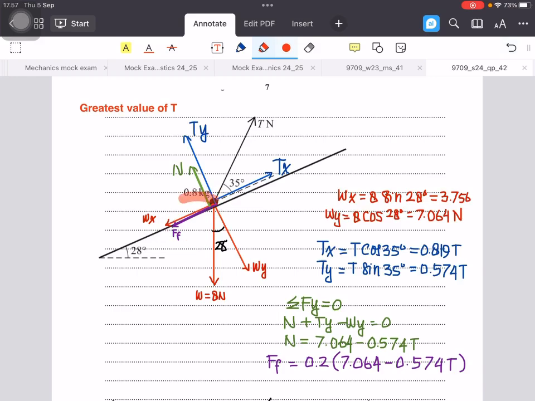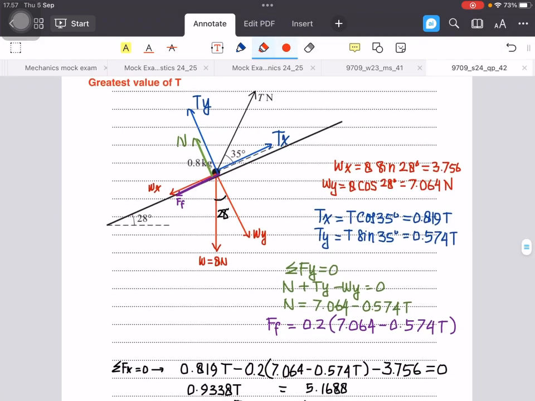So now I change the direction of the friction. Previously I drew the friction up the plane, now I change it to down the plane, while the other data remain the same.